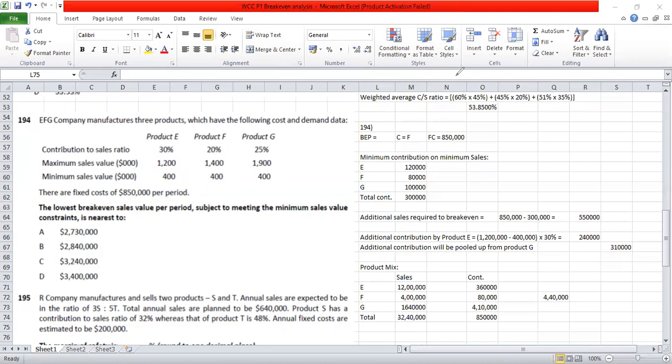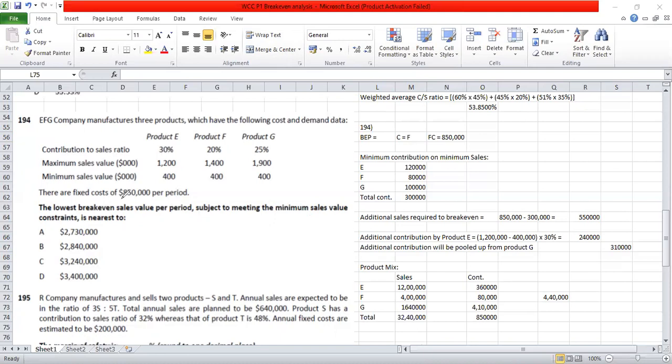That part is not provided to us, but there is a different set of data which says that there are three products E, F, and G. Their contribution margin ratios are mentioned, the maximum amount of sales which can happen, and the minimum amount of sales which can happen. But overall, their fixed cost is 850,000, which has to be recovered from the contribution margin. Then only they will be able to arrive at the break-even point.